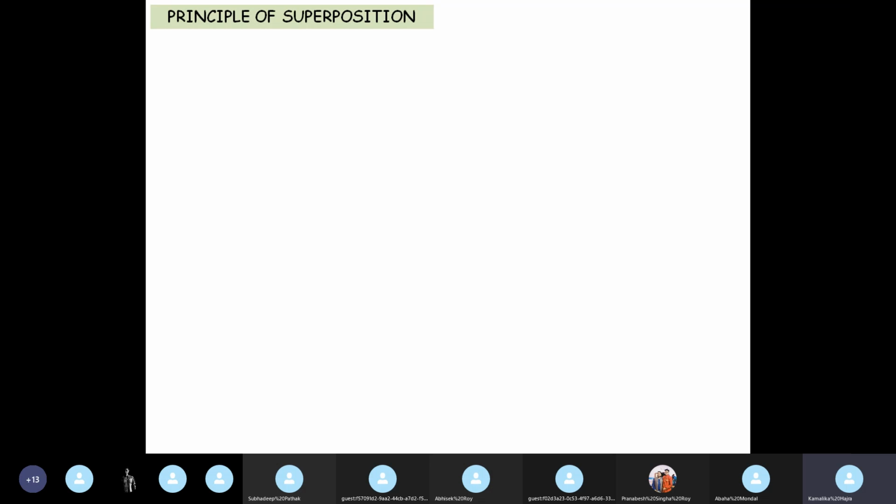Now I am sure you have come across the principle of superposition in several other things. From the name itself, you can understand that superposition means when you have more than one event happening together simultaneously. So I'll first tell you the general statement of the principle of superposition in terms of force.